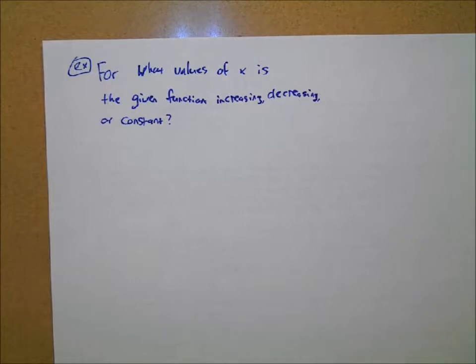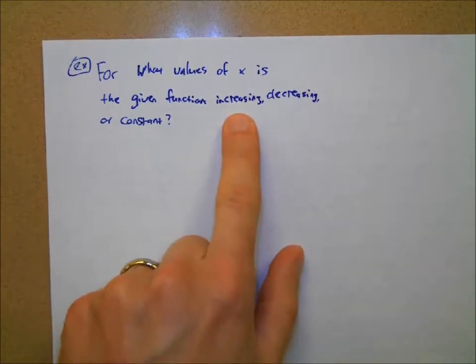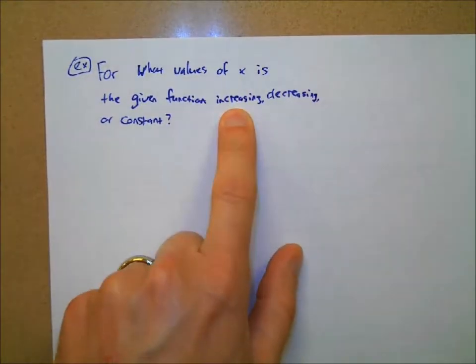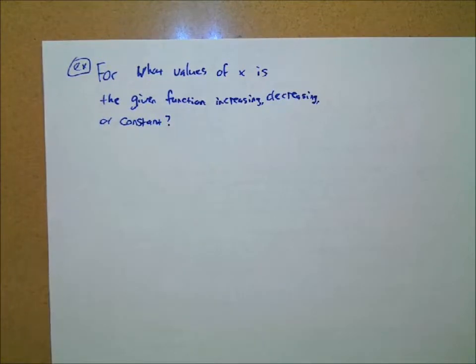Let's see here. So first of all, just a real quick recap, right? Increasing means what's happening in the function if the function's increasing? Okay, so it's going to the right. What's happening as you go to the right? The function goes up, right? So as your x values increase, your y values increase.